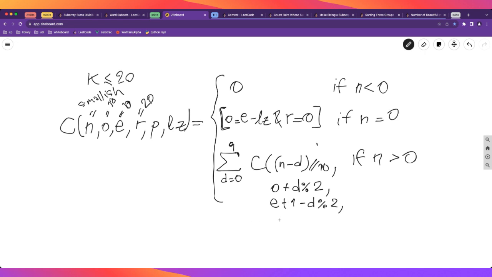And then we want the remainder. So the remainder is going to be r plus the digit times the power of 10 corresponding to the current digit, and all mod k.